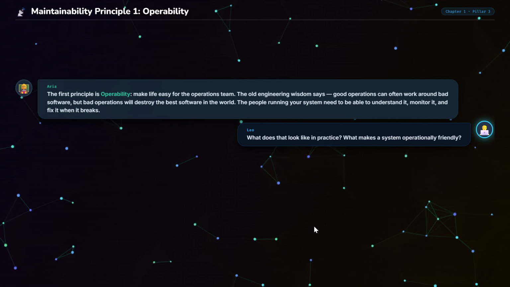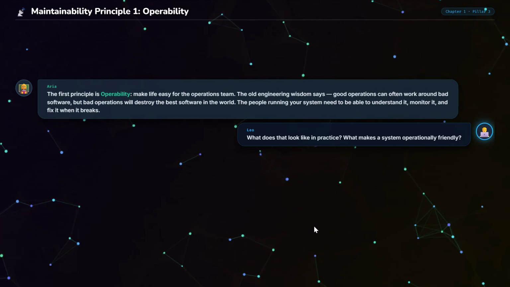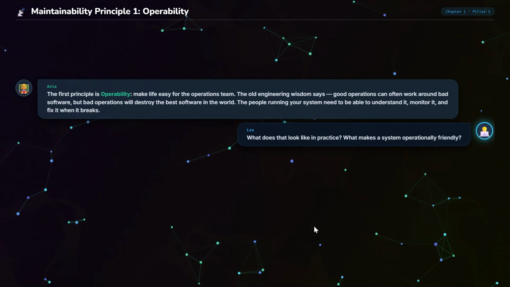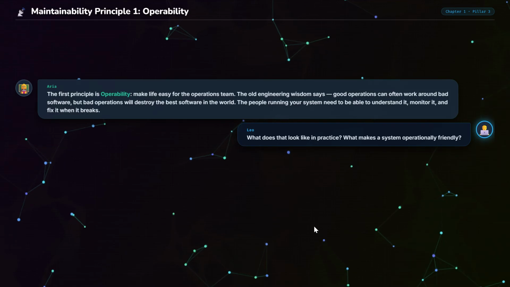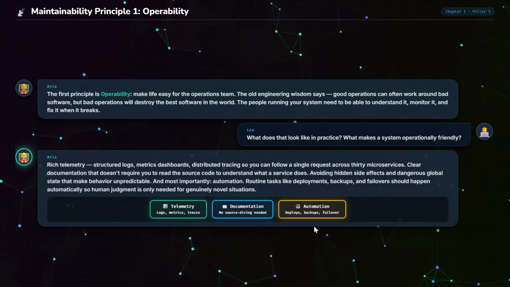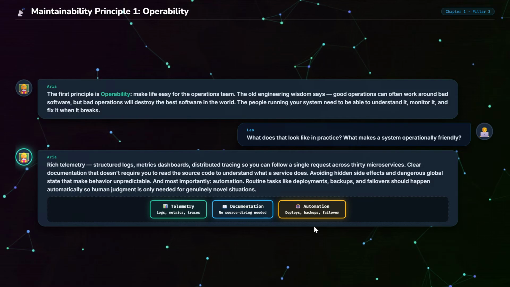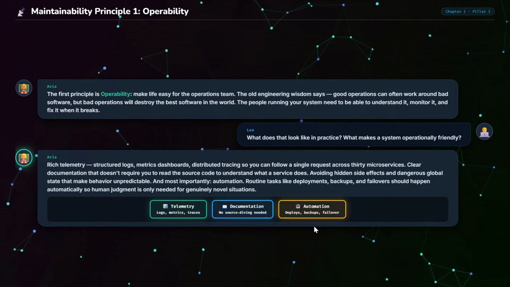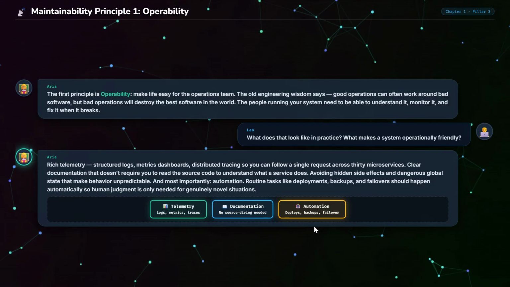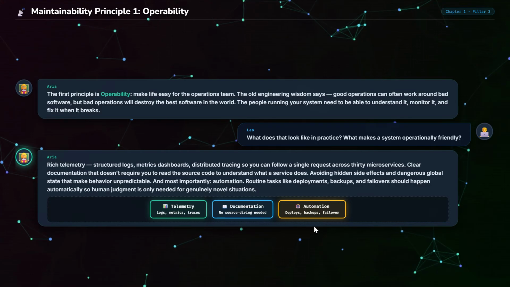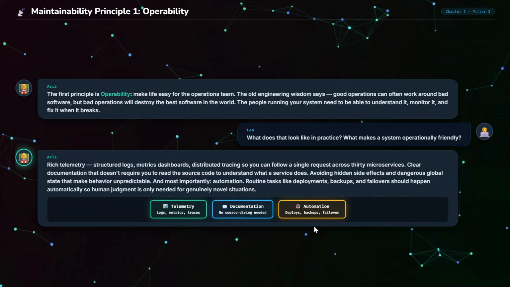What does that look like in practice? What makes a system operationally friendly as opposed to operationally hostile? Rich telemetry, structured logs that are queryable, metrics dashboards that show trends, and distributed tracing that lets you follow a single user request as it flows through 20 different microservices.